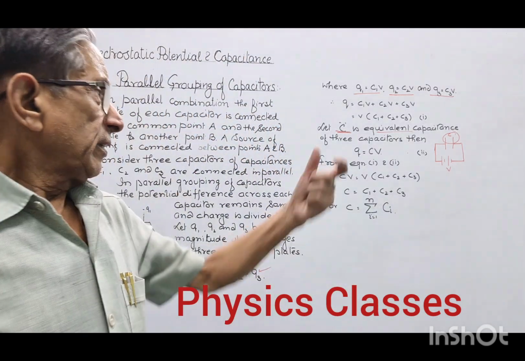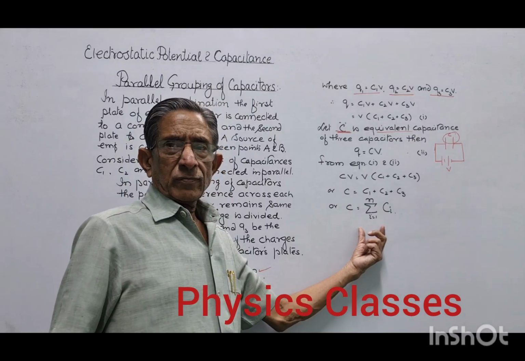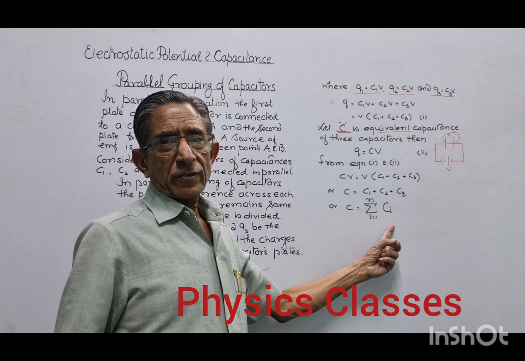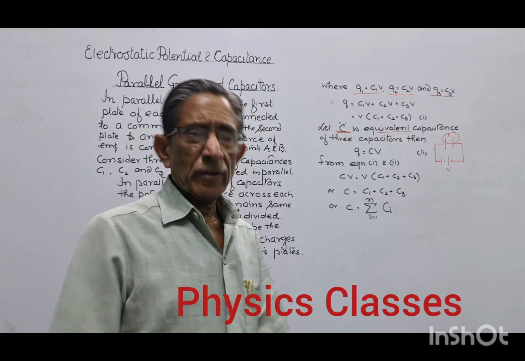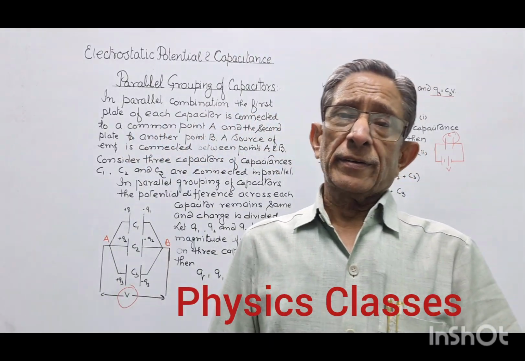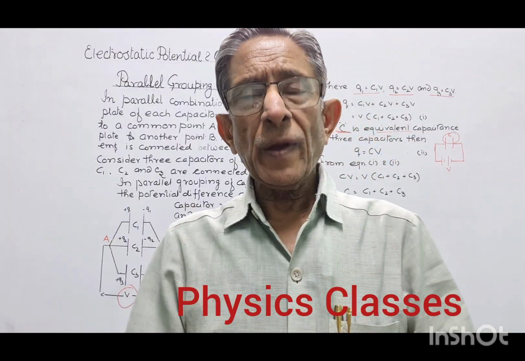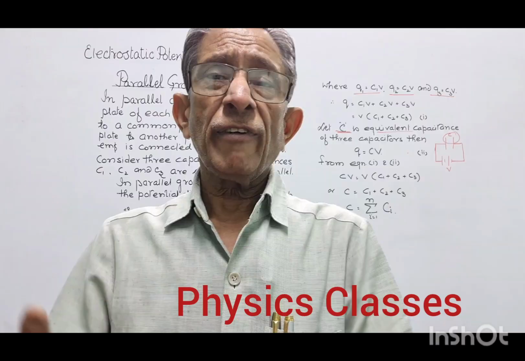So you can see that in parallel combination, the equivalent capacitance increases. Suppose you have two capacitors of capacitance 2 and 3 microfarad and you connect them in parallel, then the equivalent capacitance will be 2 plus 3 is equal to 5.